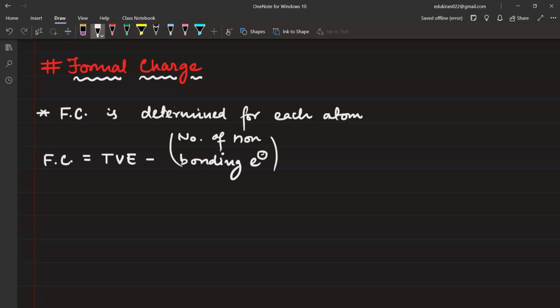Then you have to minus half of the number of bonding electrons. Half of number of bonding electrons.